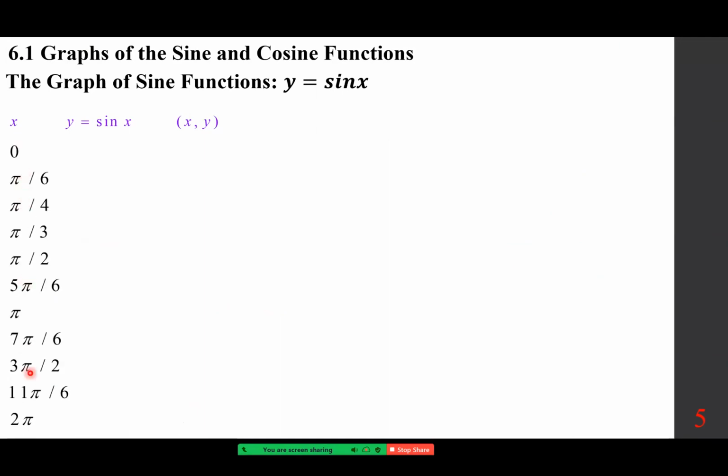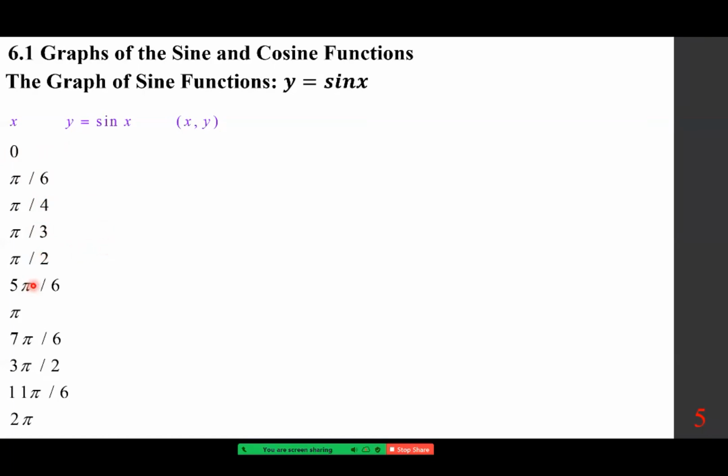Start with easy arcs, common arcs where we know the values. For example, at 0, sine is 0. Pi over 6 or 30 degrees is 1/2. Pi over 4 is square root of 2 over 2. Pi over 3 is square root of 3 over 2. And pi over 2 is 1.